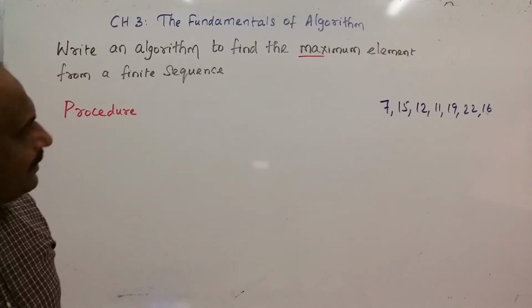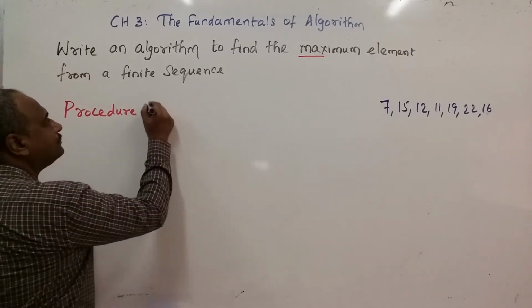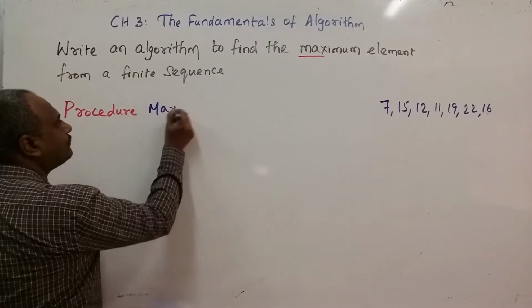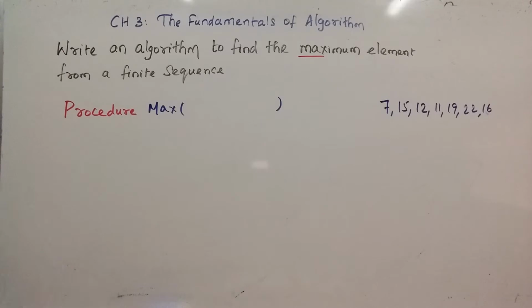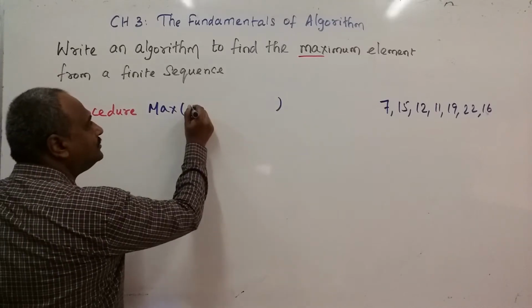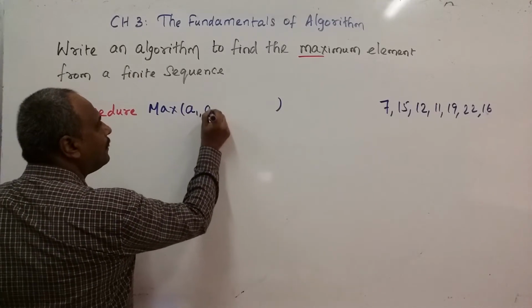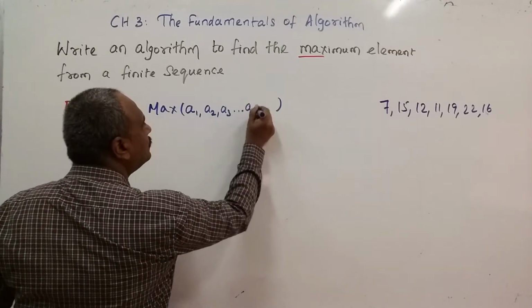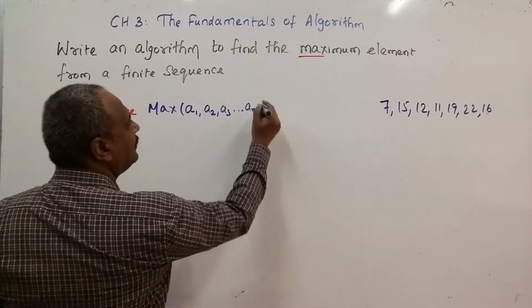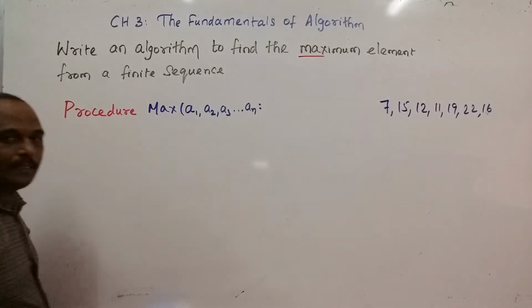So I am going to write like this: max from the set of elements. We don't know how many elements there are, and I don't know what the numbers are. So I am going to assume the numbers as A1, A2, A3 and so on up to An. I am having n numbers.